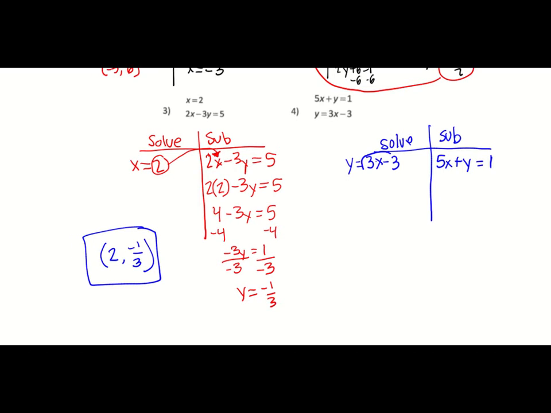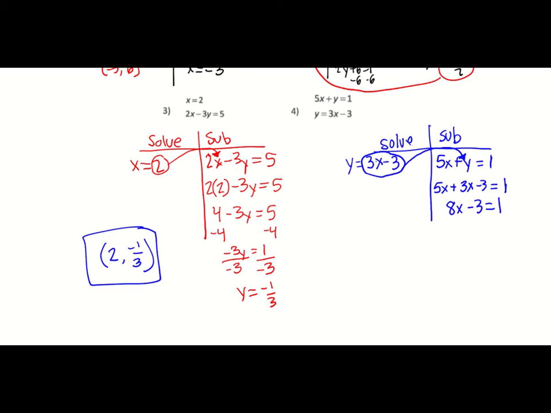Okay, if this is what y equals, 3x minus 3, I'm going to take that whole thing and plug it in right here. So now I'm going to write 5x plus 3x minus 3 equals 1. 5x plus 3x gives me 8x minus 3 equals 1.